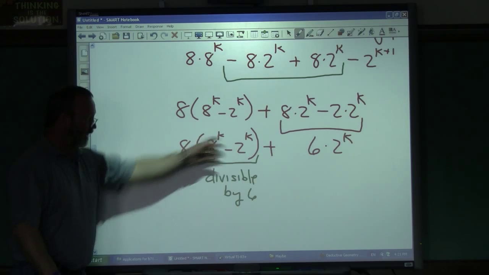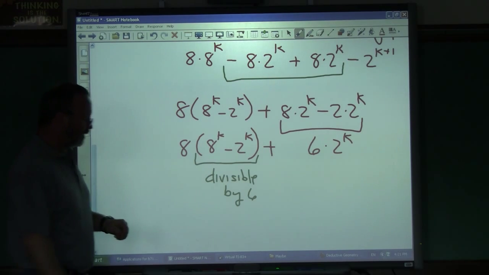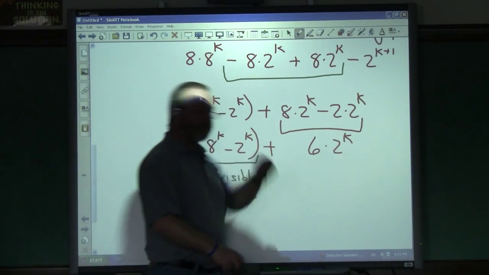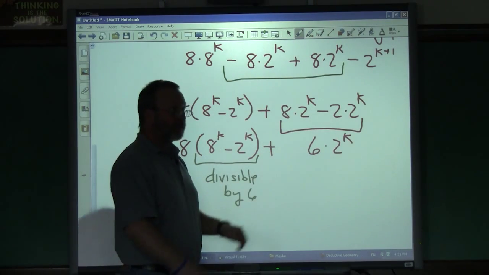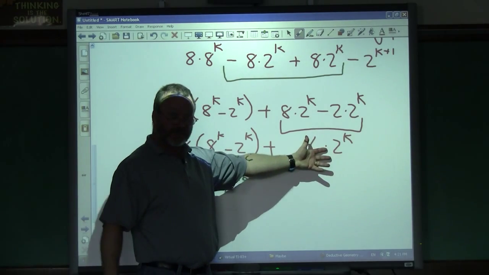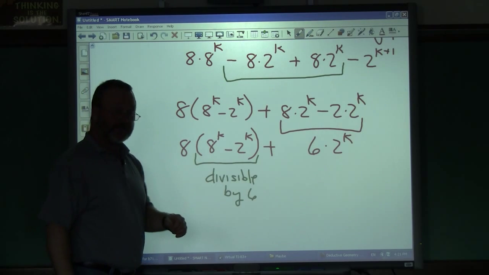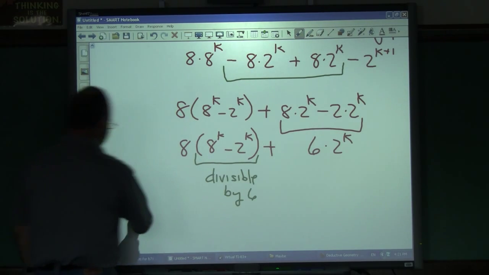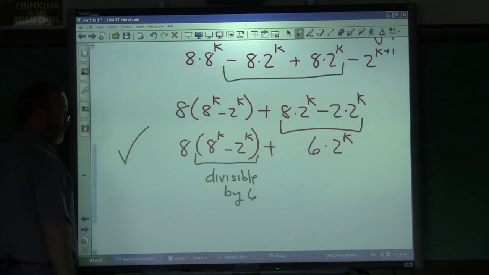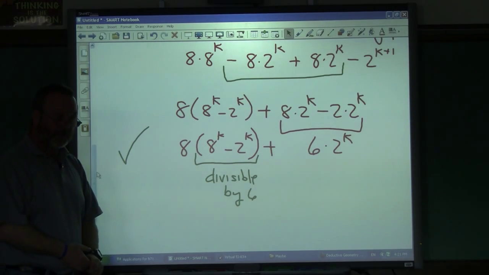And so 8 times something that's divisible by 6 is divisible by 6. 6 times something is clearly divisible by 6. And so if I have something that's divisible by 6 plus another thing that's divisible by 6, then the whole thing is divisible by 6. And I'm done with my proof by induction.